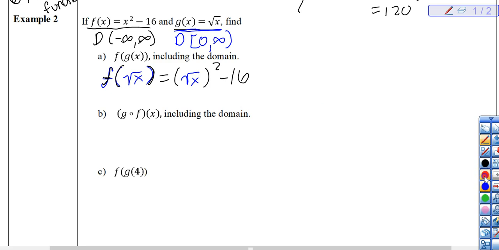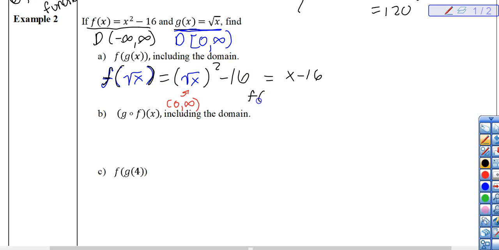And I think I'm going to indicate my domain right now. What's my domain restriction? 0 to infinity. I have to keep that in mind because that's my inserted domain. I can't put any negatives in this problem. All right, let's simplify that. So what's that? x minus 16, because square root of a square.